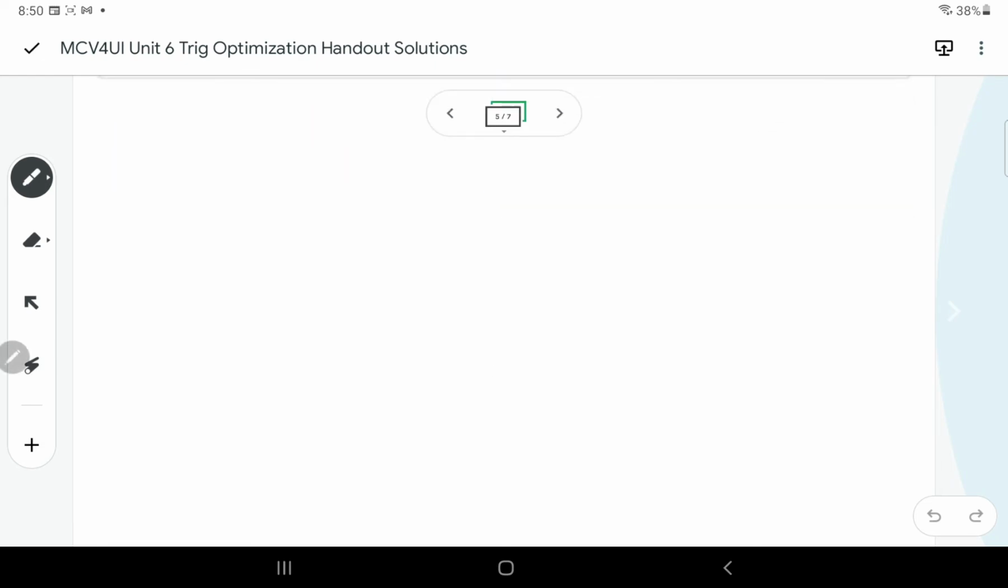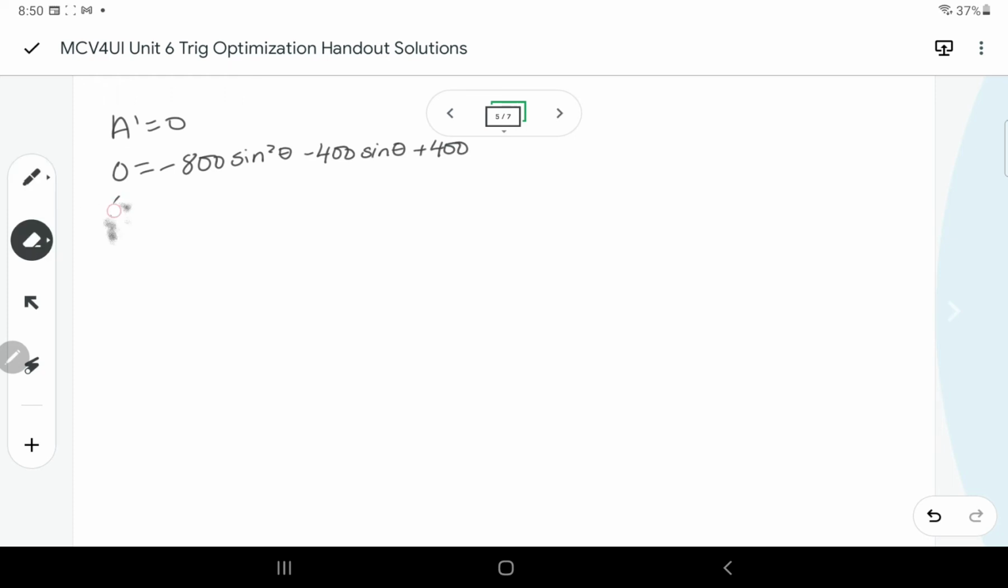So here, I know that I want to find where the derivative equals 0. I really like to state that, make sure that you're being clear on what is happening. So I would have 0 equals negative 800 sine squared theta minus 400 sine theta plus 400, and dividing, 0 not a theta, divide out by a negative 400 everywhere.